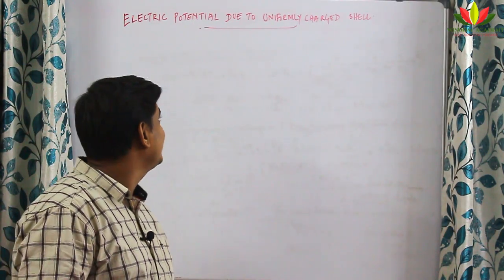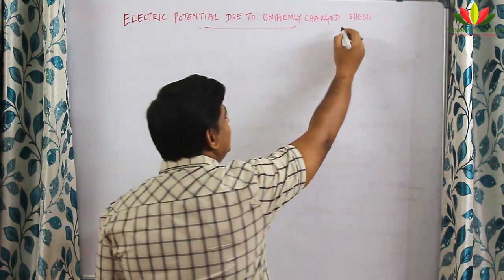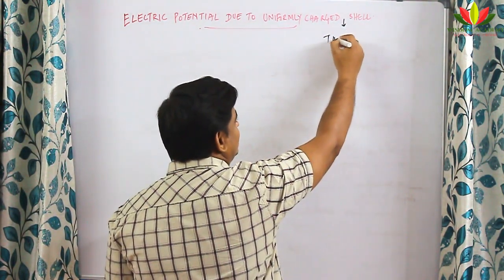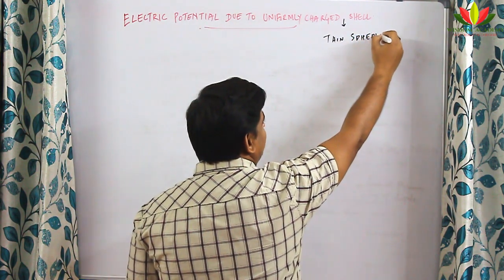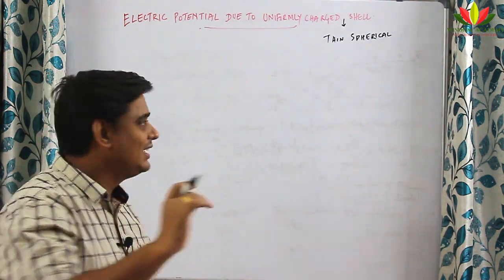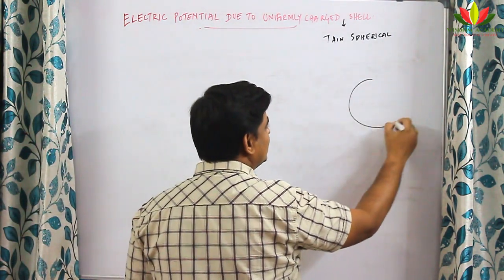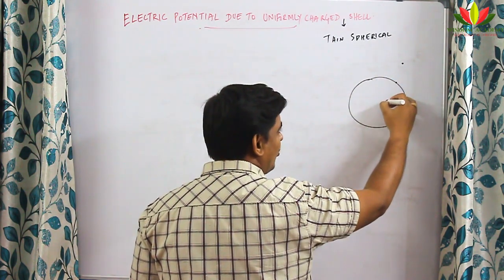Now let us see electric potential due to a uniformly charged spherical shell. It is a thin spherical shell, and we have already seen its electric field. We took three points: a point outside, a point on the surface, and a point inside.